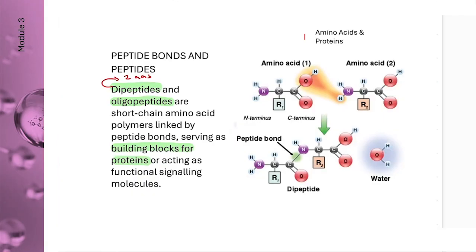So if we look at amino acid 1 and amino acid 2 coming together, we see here the C terminus of amino acid 1 and the N terminus of amino acid 2.